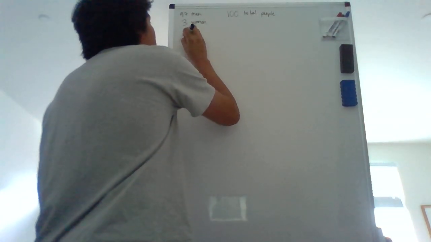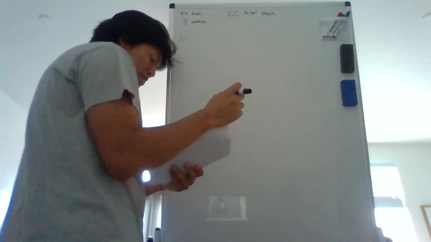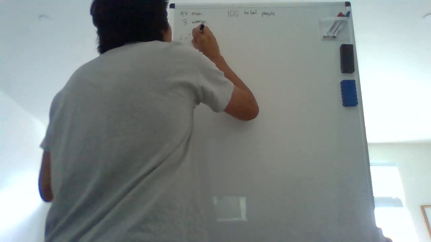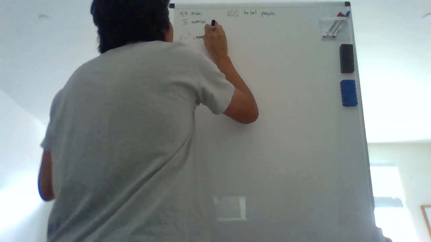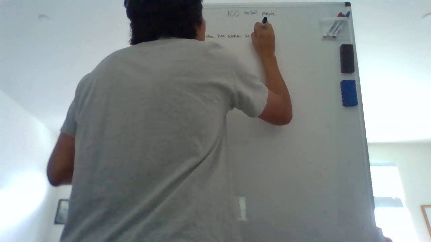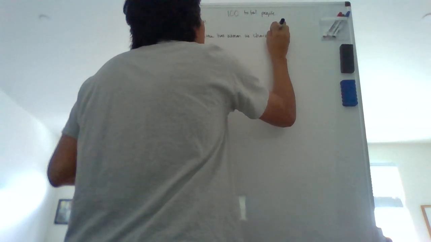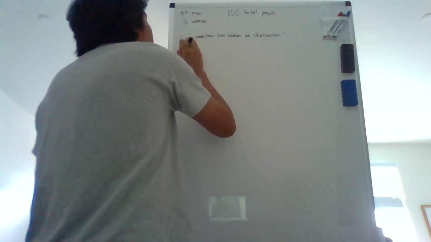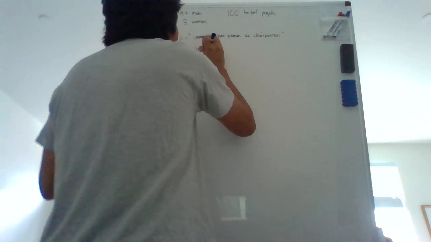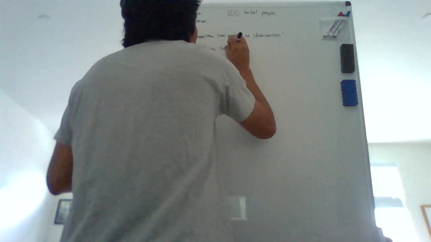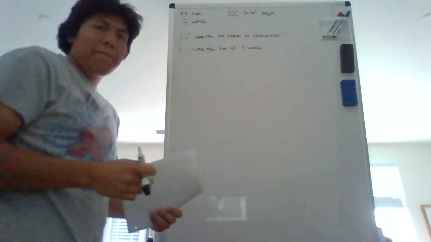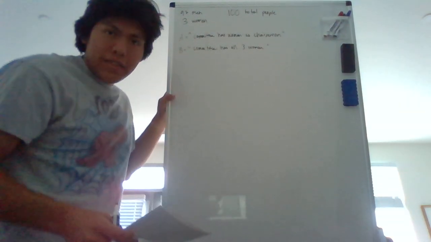So event A, we'll say, is the event that the committee has a woman as a chairperson. Right? And event B will say that the committee has all 3 women. Right? And hopefully you guys can see that.